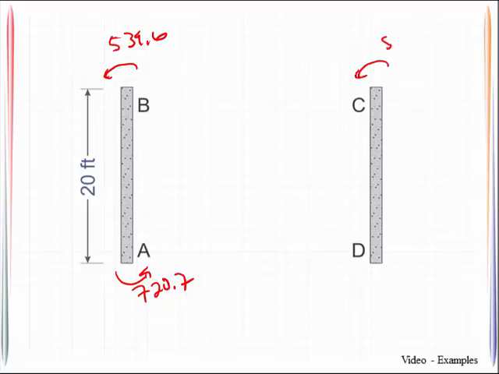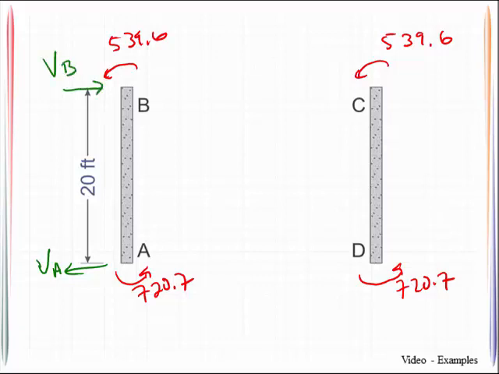And this actually is the same for both because it's a nice symmetric structure. And then we will complete the free body diagram by sketching in my unknown shears. What I've done is sketch the shears on there in their positive direction. If a shear causes a clockwise rotation, it is considered to be positive.